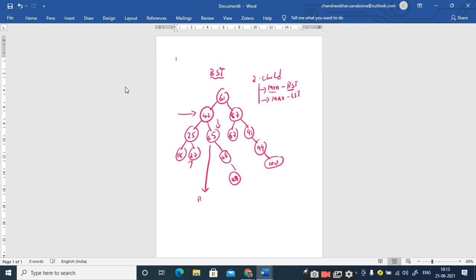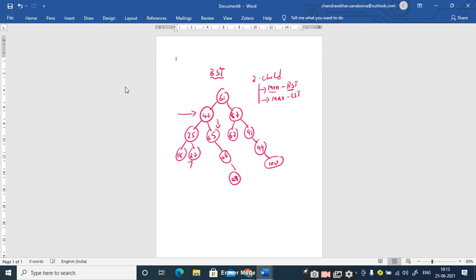According to the BST property, the least element is always placed at the deepest left part, right? So in order to find the deepest left node of the right child of 42, which is 45, I don't have any left child here. So there's nothing to doubt about this. Whatever element is there, that should be replaced.